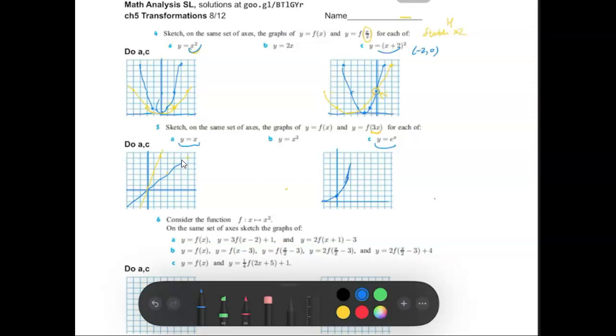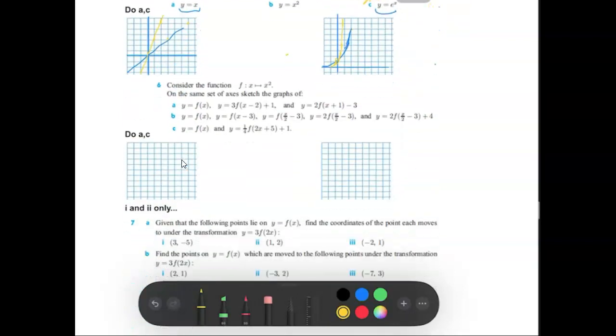And then the function that is a compression by a factor of 3 is going to be hard to draw because my exponential drawings are not good anyway. So yeah, it's going to be very steep, something like that. Okay. All right.